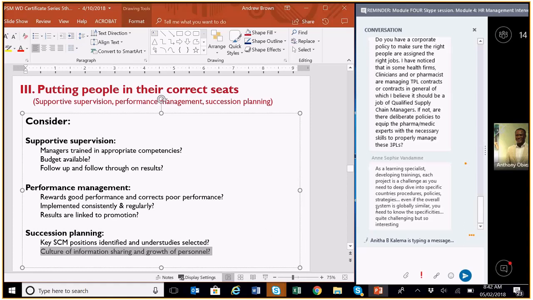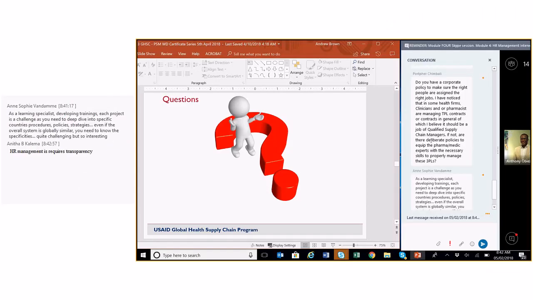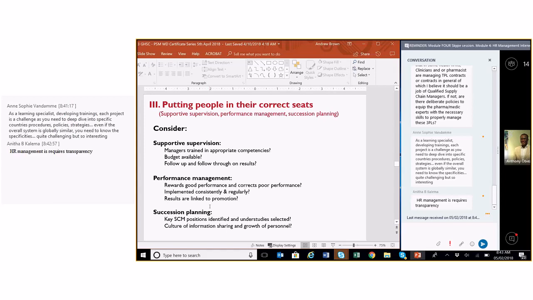Thanks, Annie, and also Porfa, for your comments. So the challenge, as you said, is deep diving into the policies and procedures, understanding those, and then looking about how to make sure they're applied.